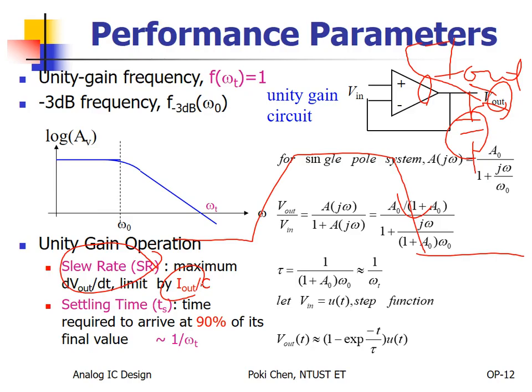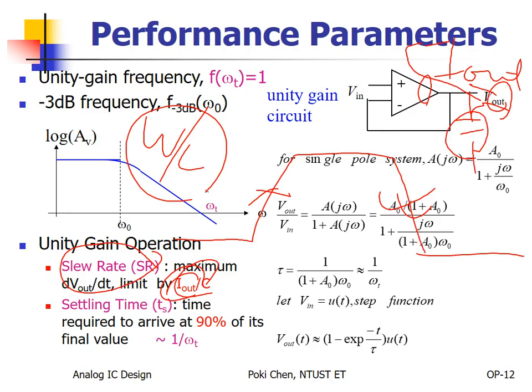It means what? If you would like to make it as fast as possible, then you need to design a very large I out. But nothing is free. You need to pay for what? To generate a very huge I out, the W over L for your final stage should be really large.